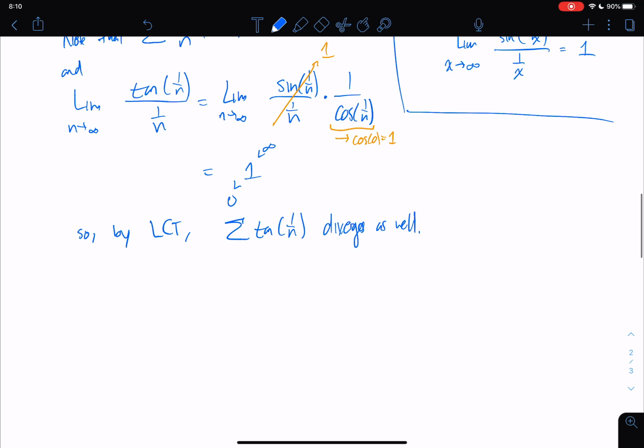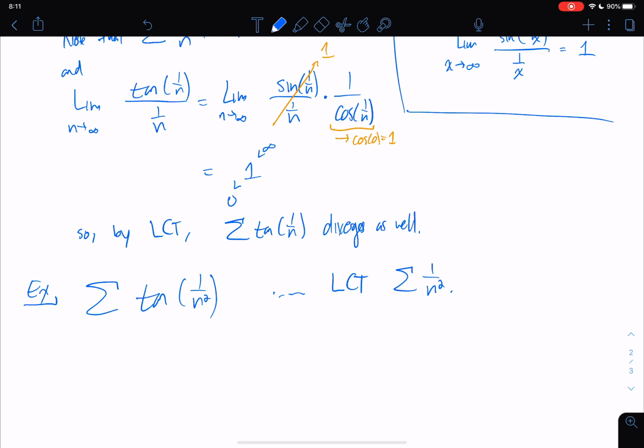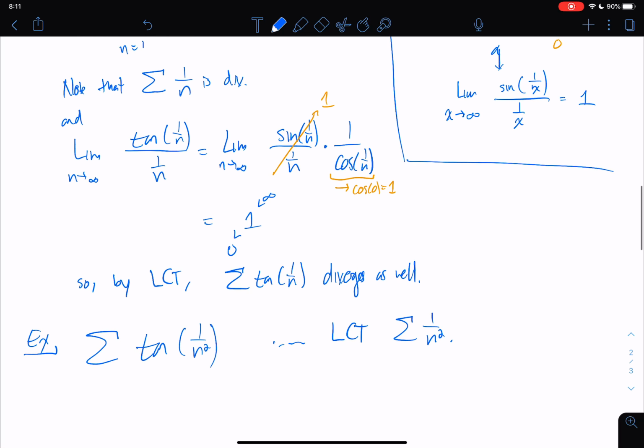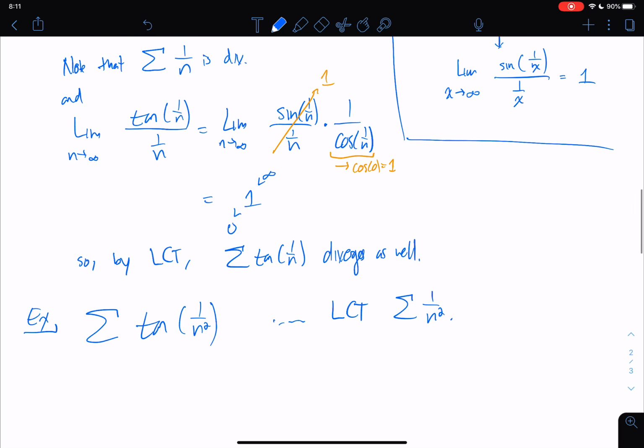So for example, a thing you can play with at home is, what if I looked at the sum of, say, tangent of 1 over n squared? What you're going to want to do is limit comparison test with, say, 1 over n squared. And you'll get a very similar set of circumstances.